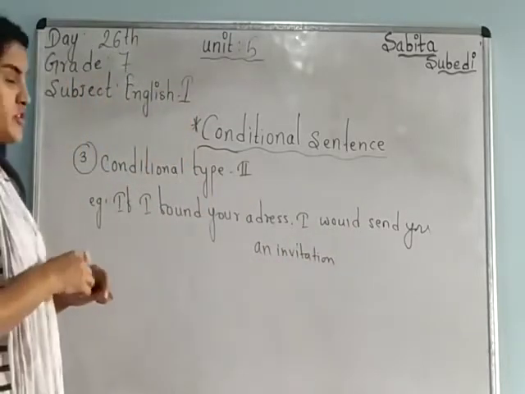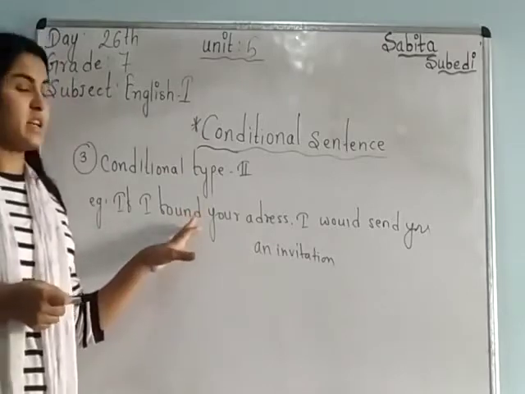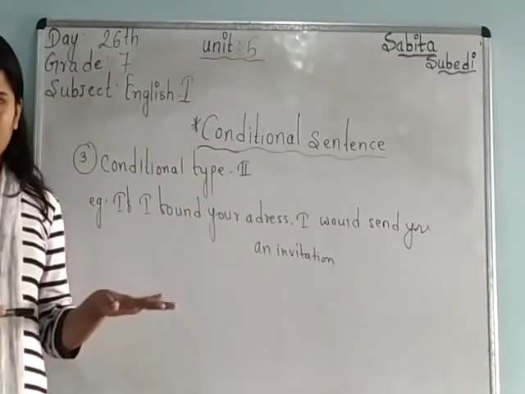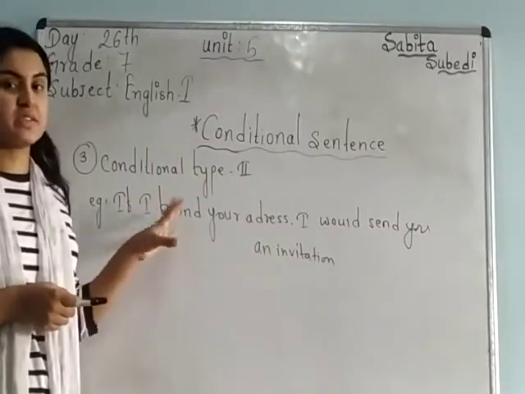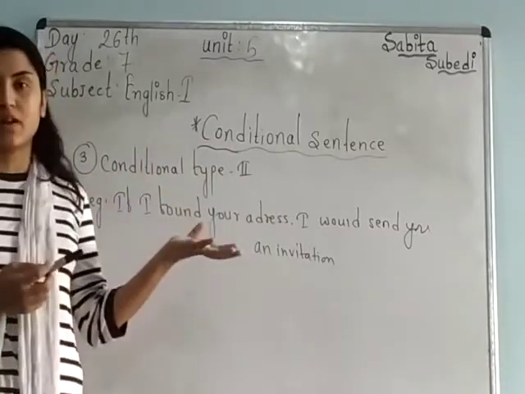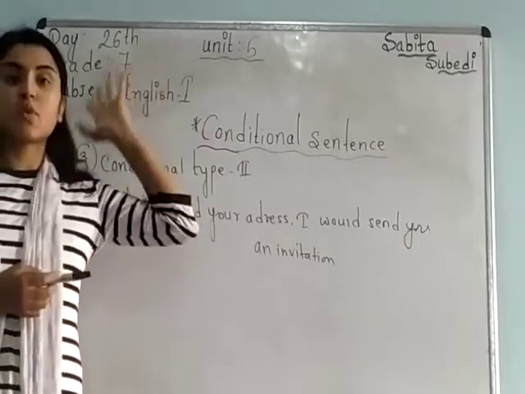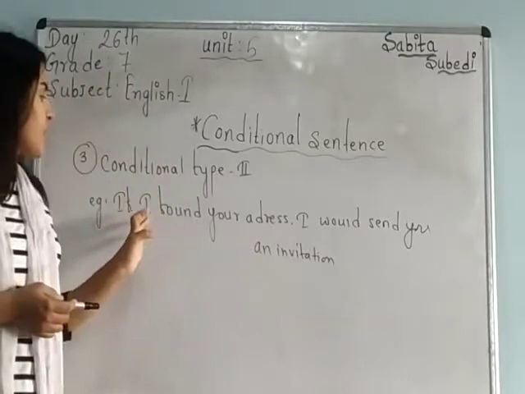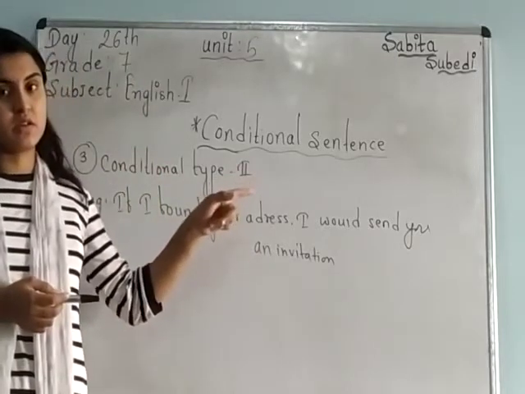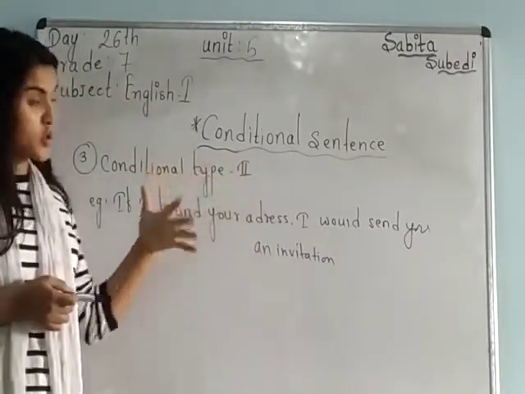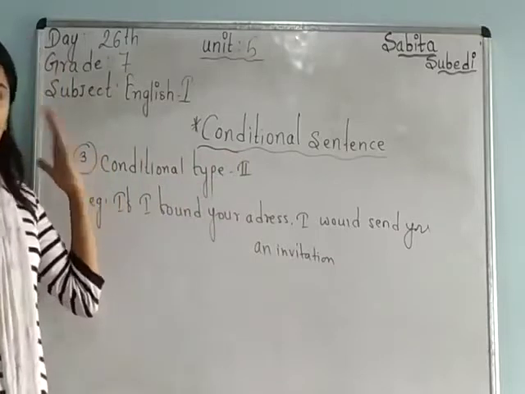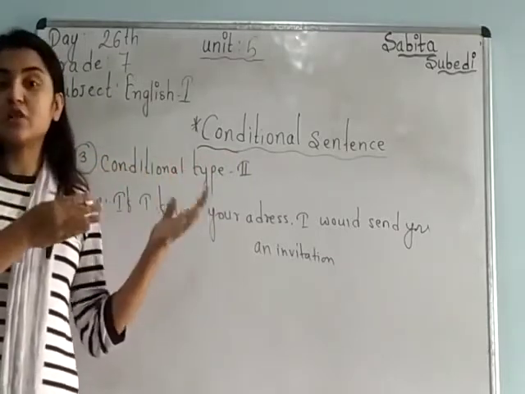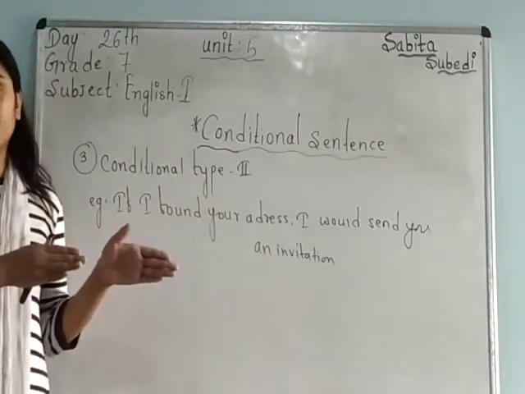If I found your address. Now this condition is unlikely to happen at present. This situation is impossible now, because it is talking about the past. If I found your address, it's talking about a past event, a past situation, which is very unlikely to happen at present.